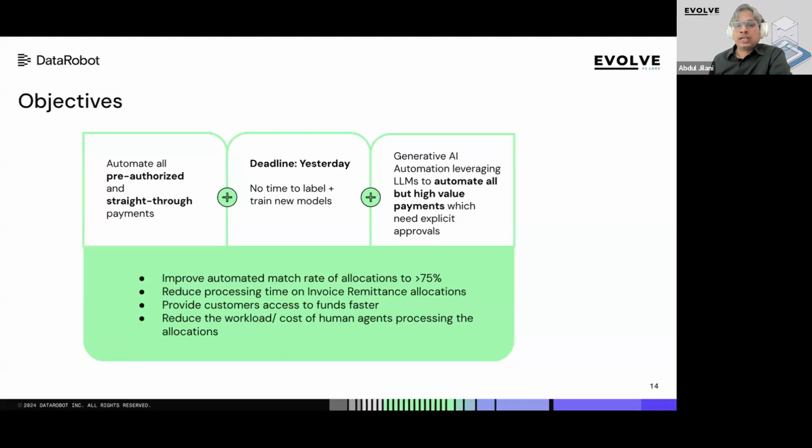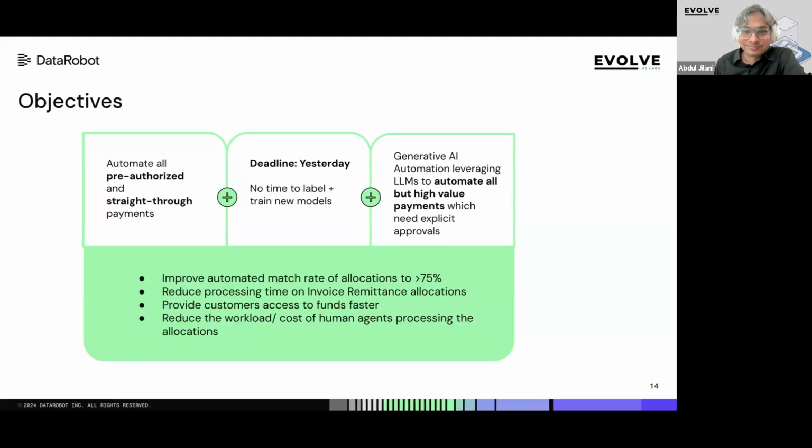The other expectation was to provide customers access to funds faster, which is a byproduct of the earlier expectation. And then overall reducing the workload on the human agents that are processing. So more automation, meaning fewer agents need to work on this, and they can be used for doing other important work.